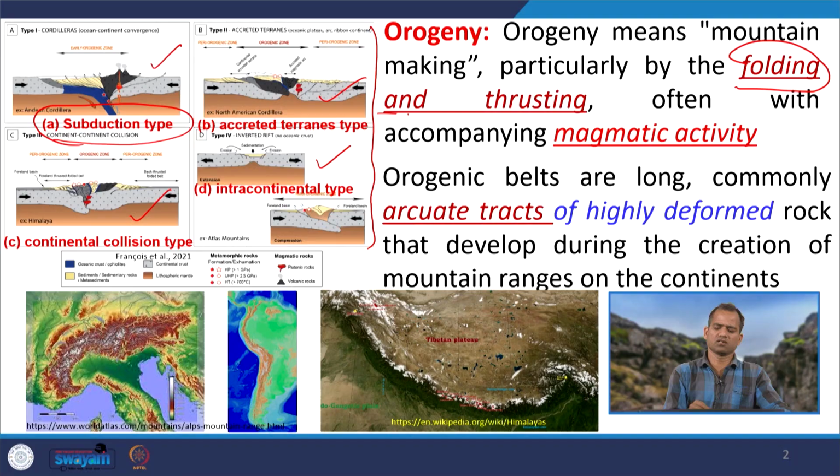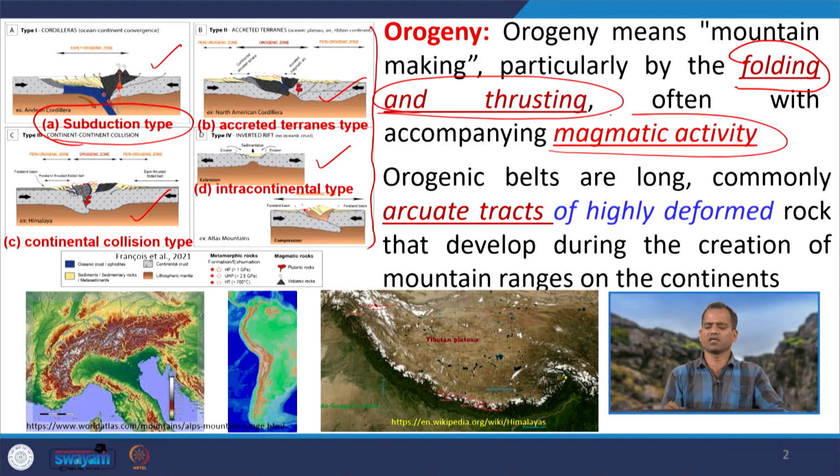Whenever we are talking about a subduction zone, we have an overriding plate, which is mainly the continental plate, and the subducting plate, which is an oceanic plate. When these two are interacting, generally we know that folding and thrusting are the main deformation events. Along with this folding and thrusting, we have magmatic activities and metamorphism.